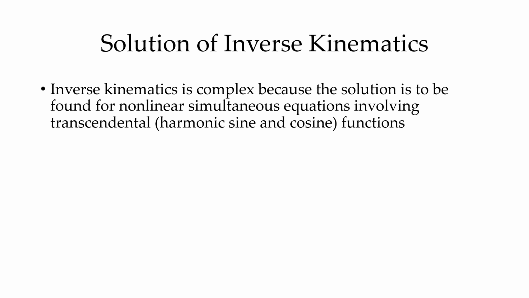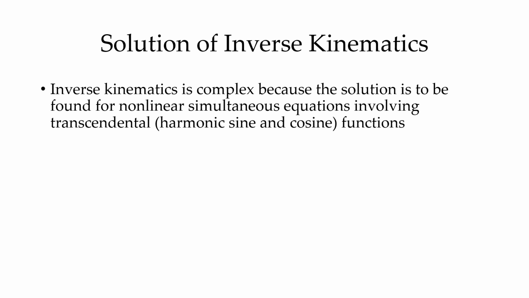While writing down the problem for inverse kinematics, what we get is basically some nonlinear simultaneous equations. They contain sine functions, cosine functions, and all kinds of functions, and therefore it is very difficult to solve those kinds of equations. If it were a simple linear algebraic equation, it would have been very simple.